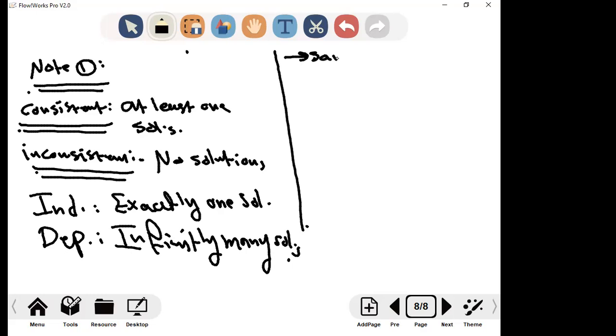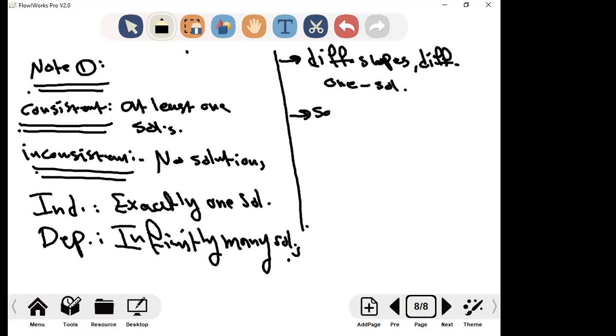But look here, please. Different slopes, or different y-intercepts, means they are intersecting at one point. So here we have one solution.